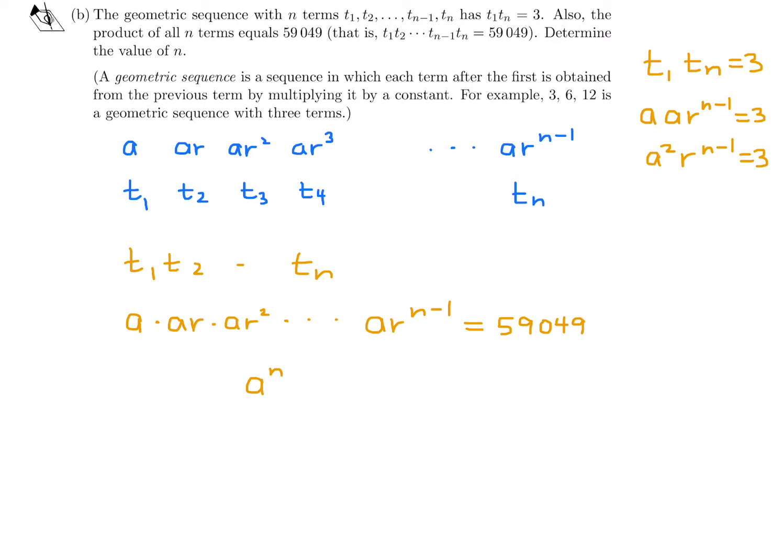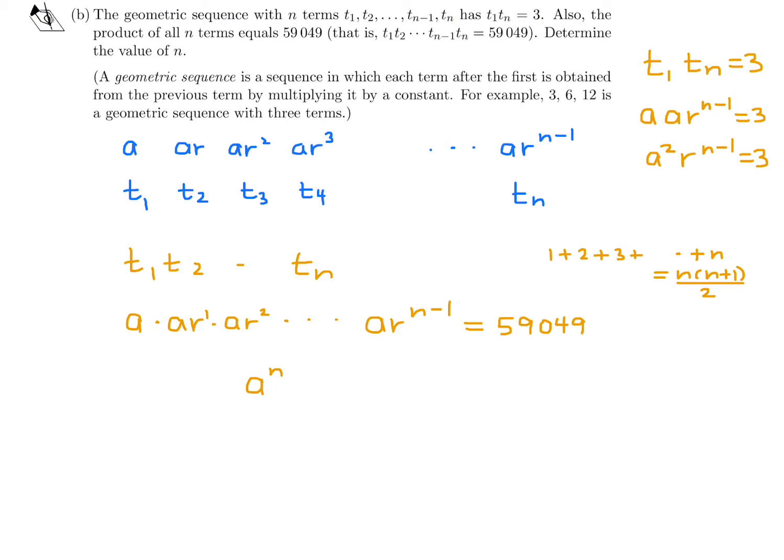Now, how many r's do we have? Well, it's r to the power of 1, r to the power of 2, r to the power of 3, all the way up until n minus 1. And some of you will remember that if you have consecutive numbers like that, there's a formula. For example, 1 plus 2 plus 3 all the way until n is n times n plus 1 over 2. Very famous. By grade 12, you should definitely know that.